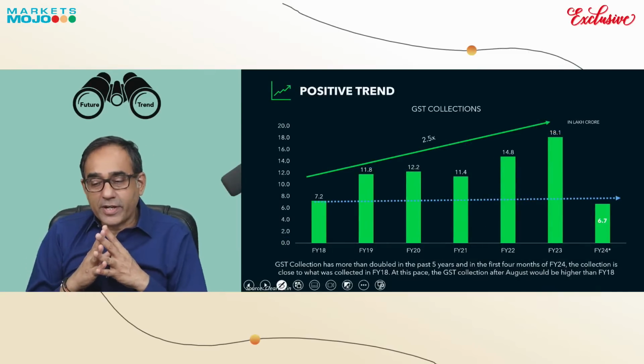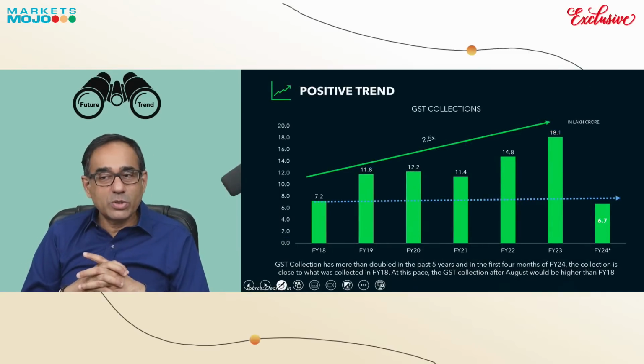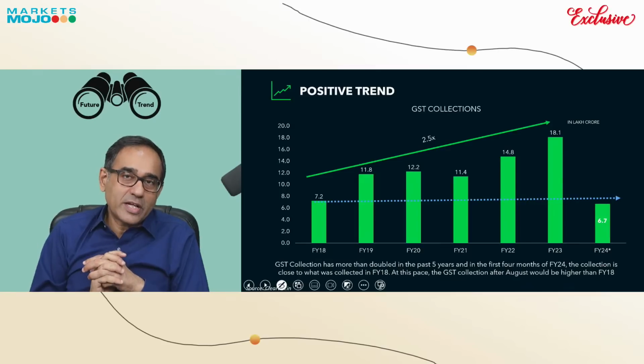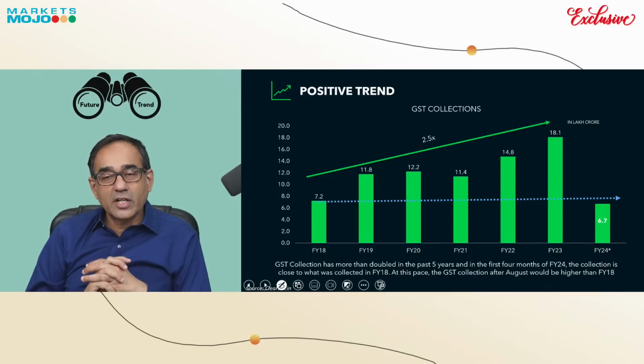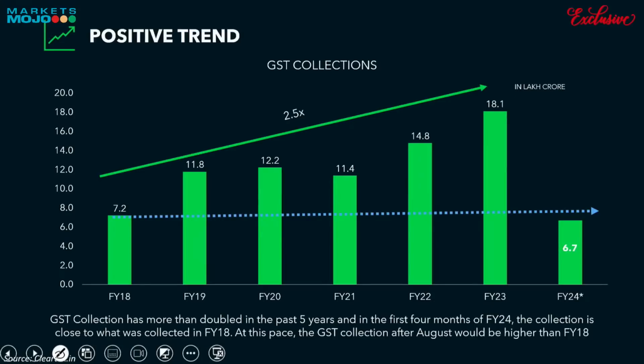What's a positive trend? I was surprised with the kind of growth that we have seen in our GST collection. In FY 2018, the total GST collection was 7.2 lakh crore. It was 11.8 lakh crore in FY 2019, just before COVID hit us. In the first 4 months, we are at 6.7 lakh crore.